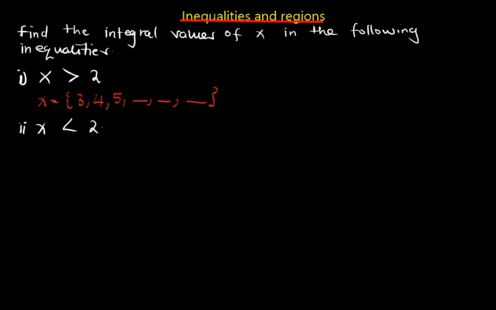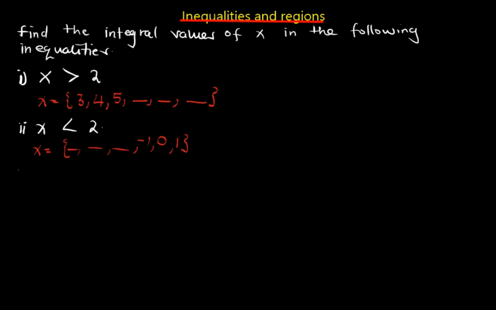Therefore, we shall say x is equal to, we shall start with 1, we go to 0, we go to -1, -2, -3, and -4. Those are the integral values of x less than 2.